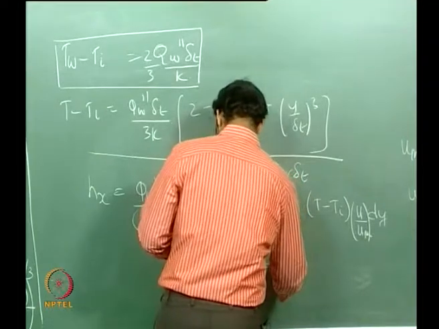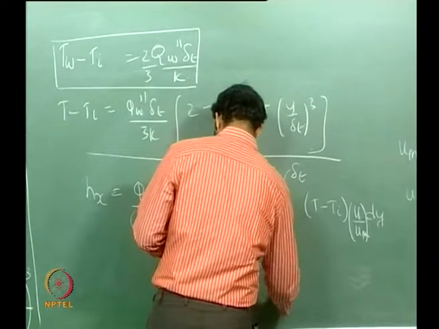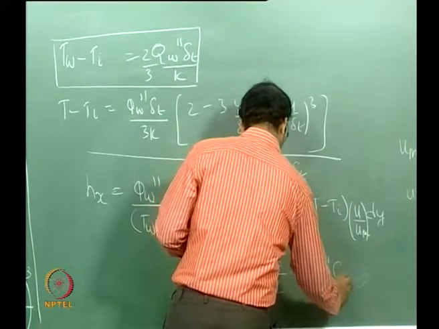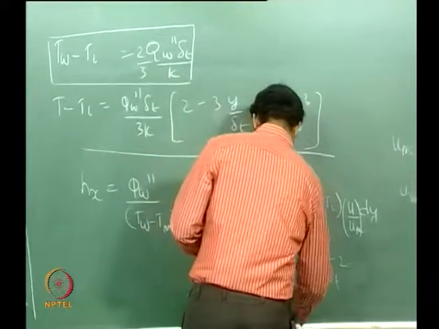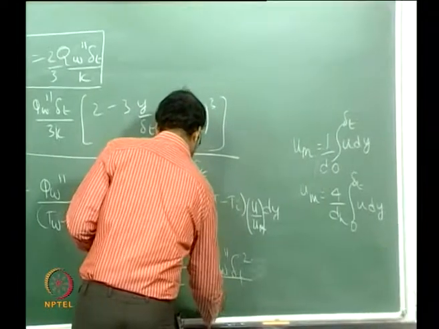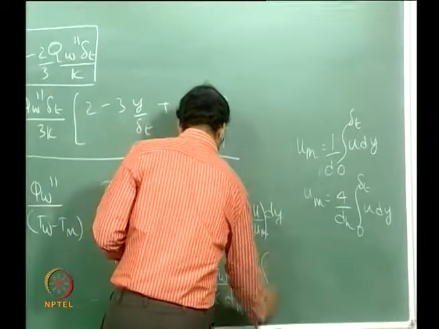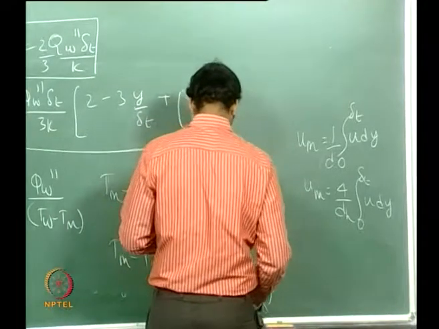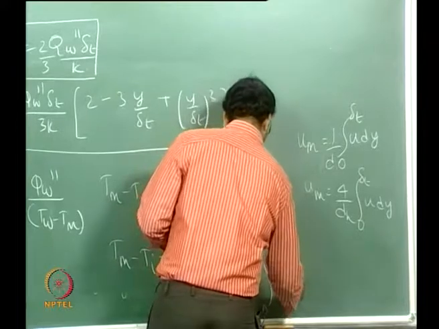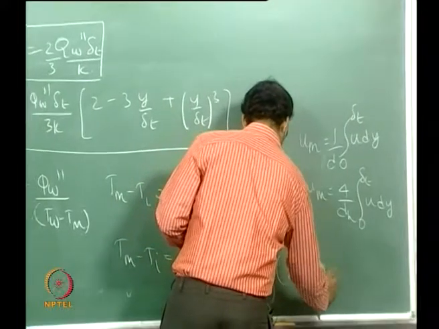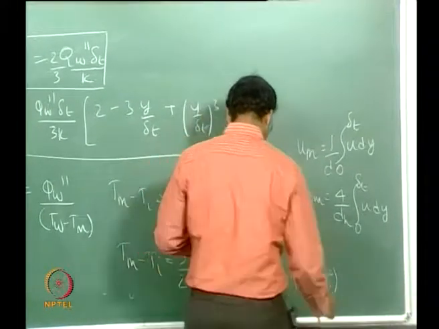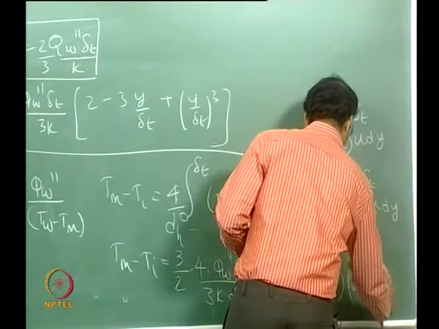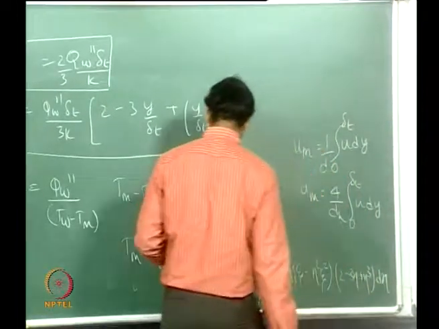So this will be 3 by 2 into 4 into q wall delta T square by 3k into dh, and within the integral from 0 to 1, the velocity profile was 2 eta zeta minus eta square zeta square, into the temperature profile, which was 2 minus 3 eta plus eta cube, into d eta.